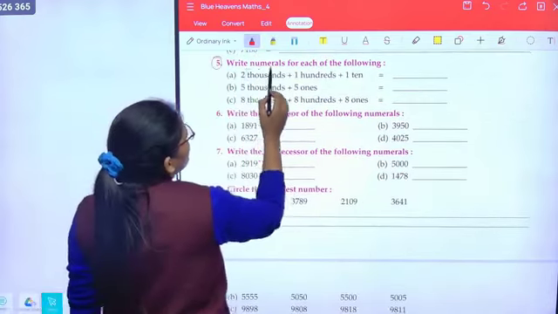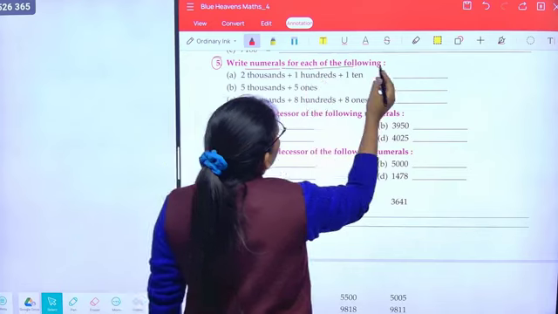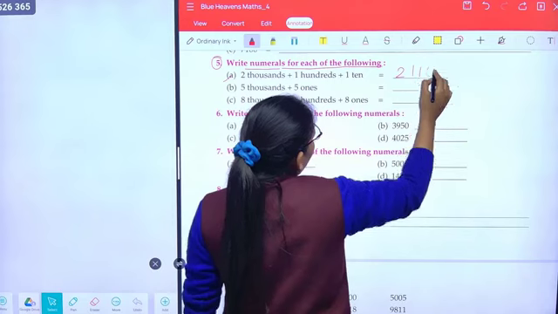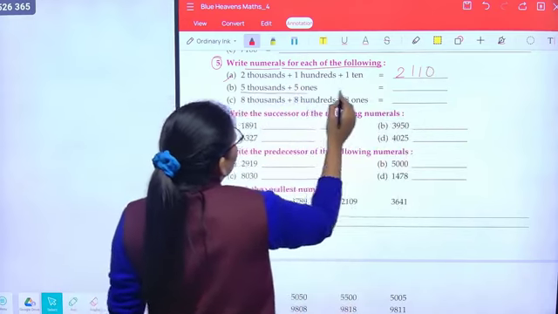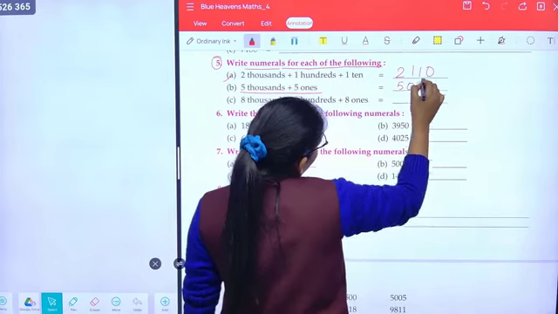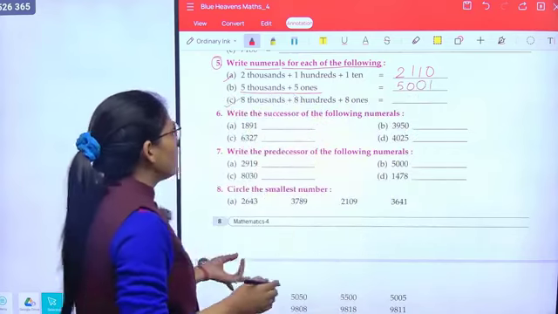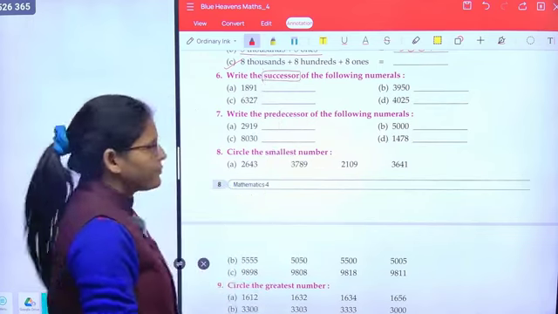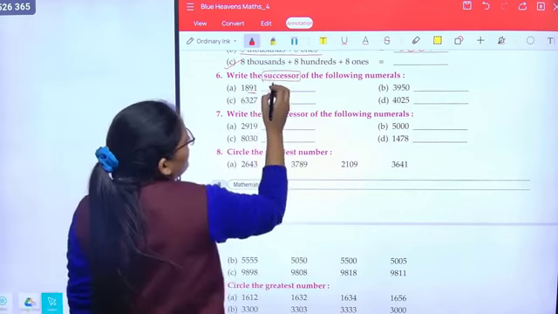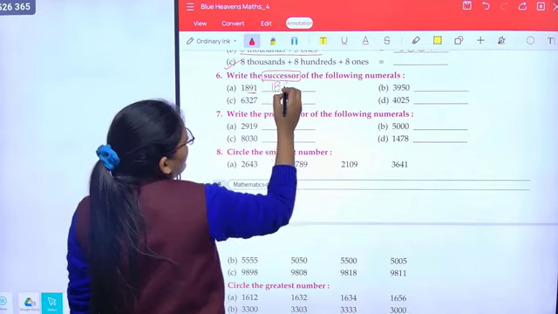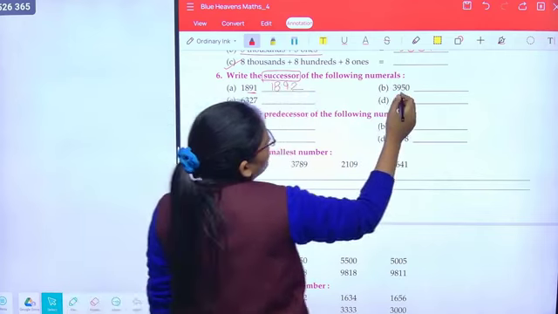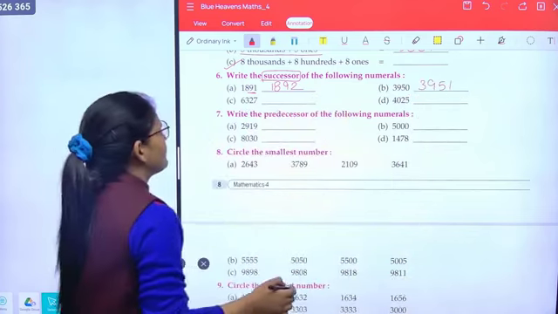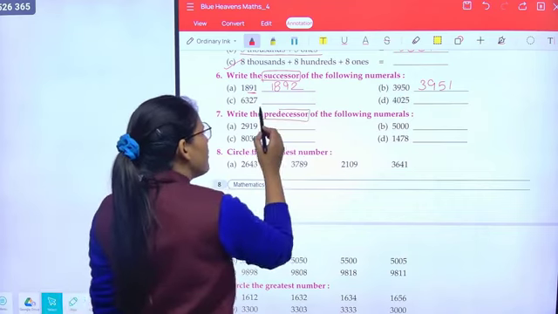Question number 5, write numerals for each of the following. Now 2110. Okay, 5000 ones. Rest of the parts, do yourself. Now students, write the successor, means after the number. 1992, 3951. Now predecessor. Predecessor means before.